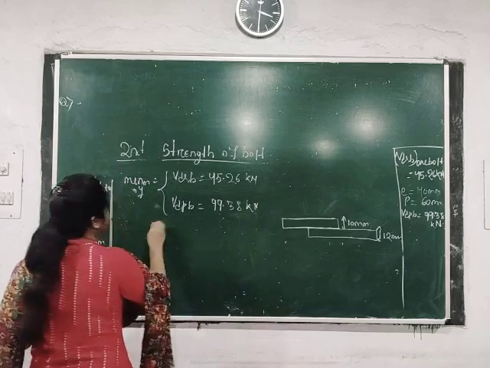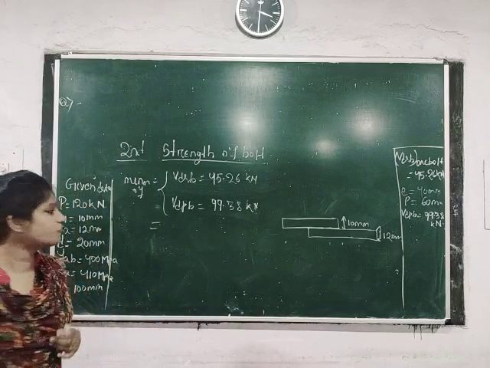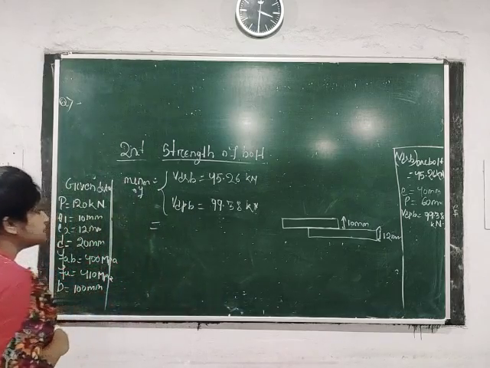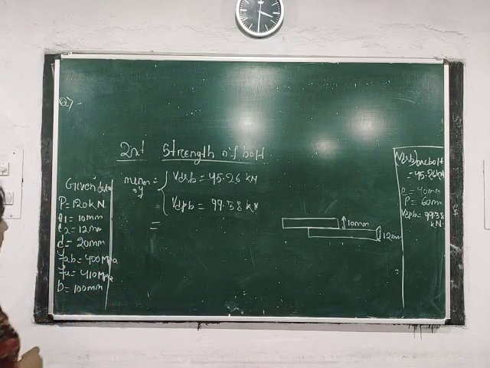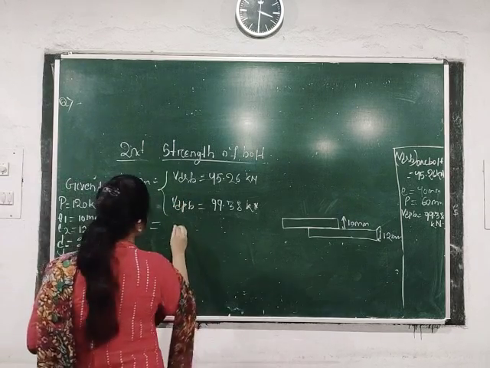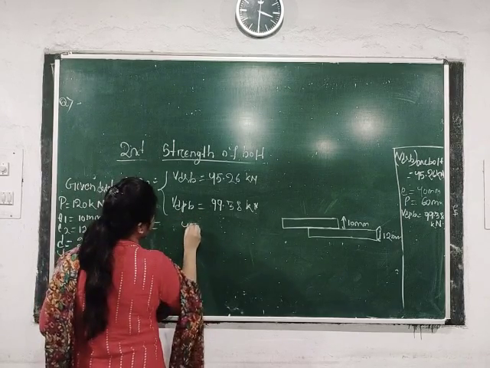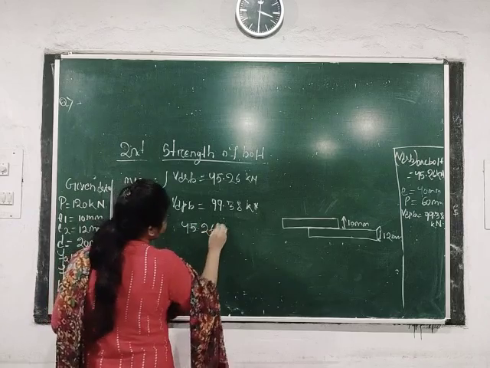So here the design strength of one bolt is the minimum of Vdsb and Vdpb. Okay, so the value is 45.26 kilonewton.